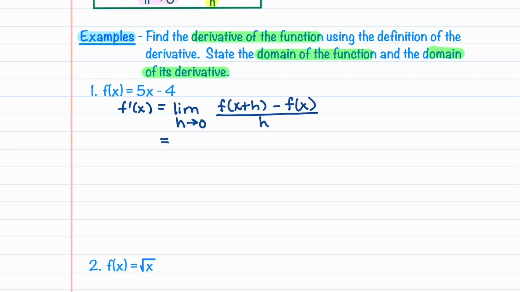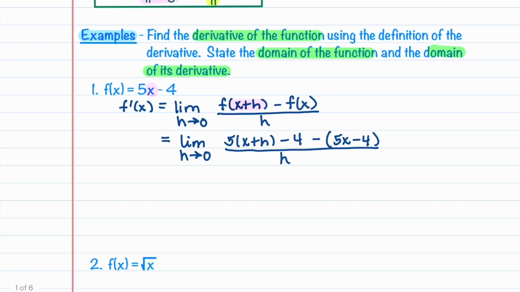Now we're going to substitute in what f of x plus h is and what f of x is. Wherever we see an x, we're going to substitute in x plus h. So this is 5 times x plus h minus 4. And now we're going to subtract off f of x, which is 5x minus 4. And all of this is divided by h.